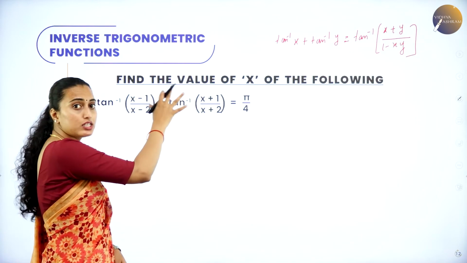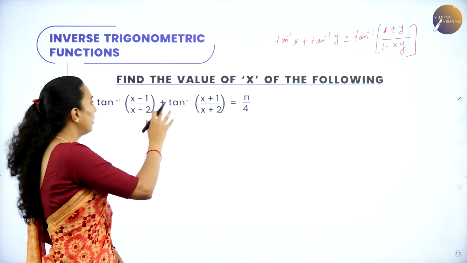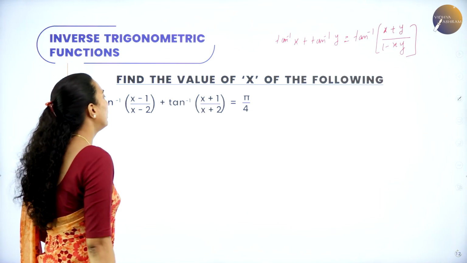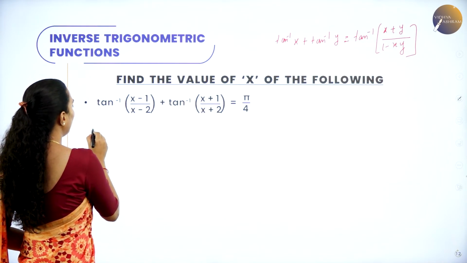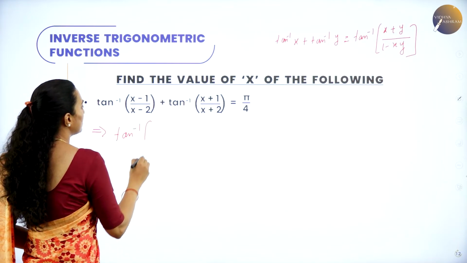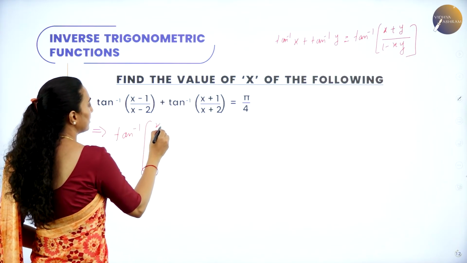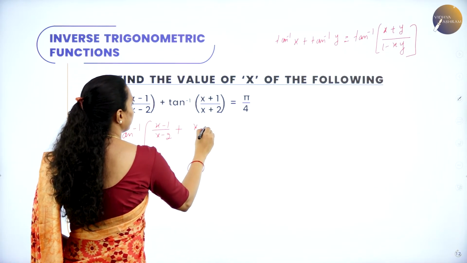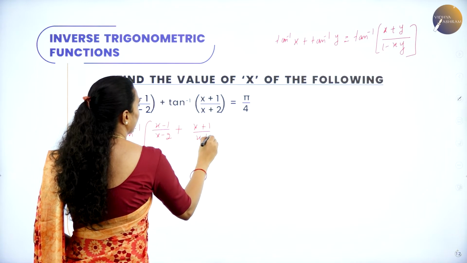is x minus 1 divided by x minus 2, and y value is x plus 1 divided by x plus 2. Therefore by taking accordingly you are going to have it as tan inverse of x plus y, right?